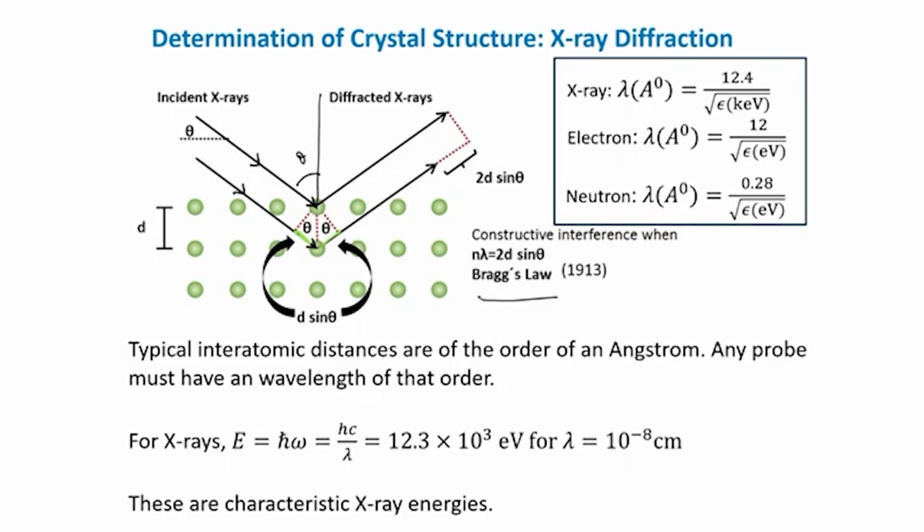Typical interatomic distances are of the order of an angstrom, so any probe must have a wavelength of that order. For X-rays, the energy is h cross omega, which is nothing but hc over lambda, and if you put in all these values for lambda equal to 1 angstrom, we have energies of approximately 10 to the power 4 electron volt.